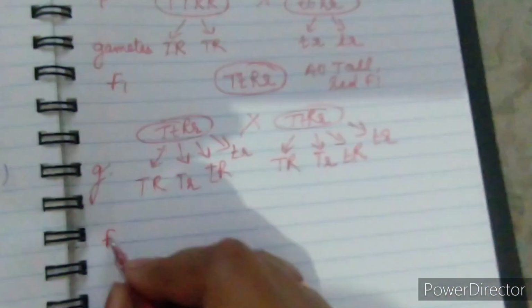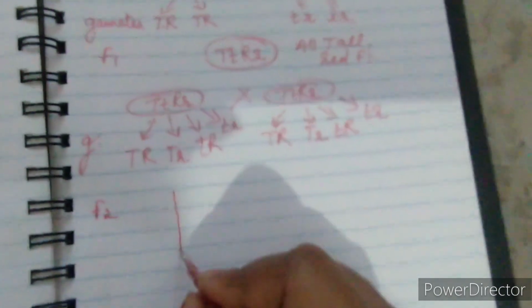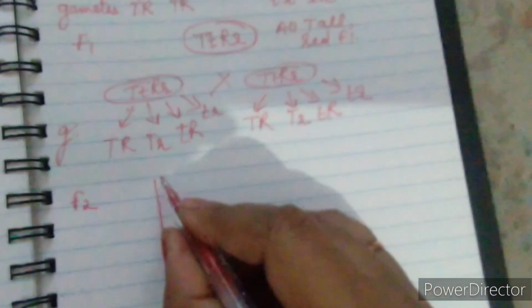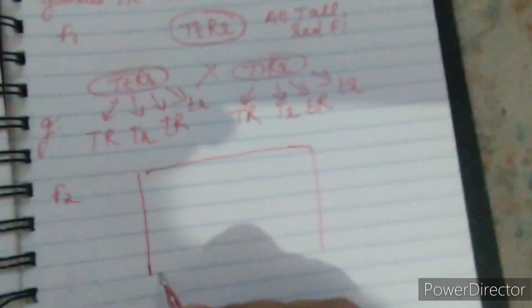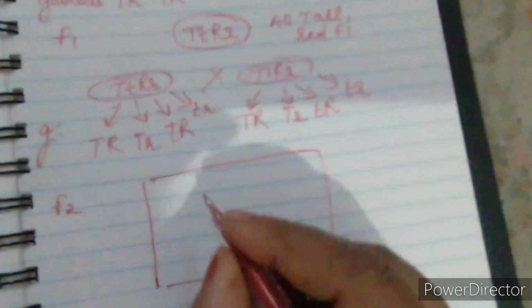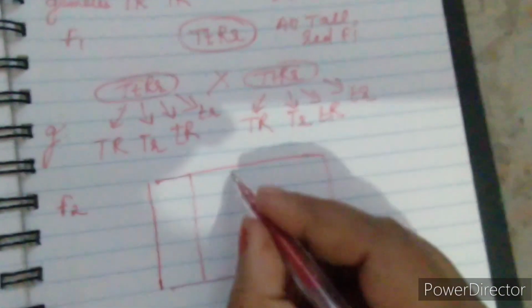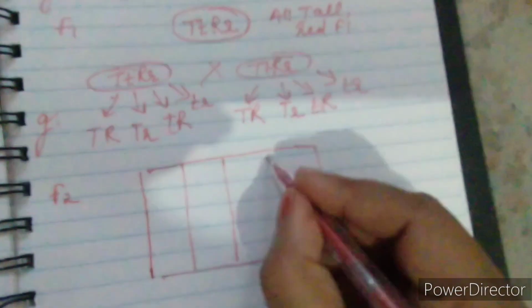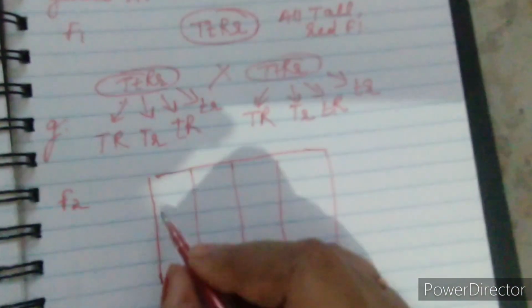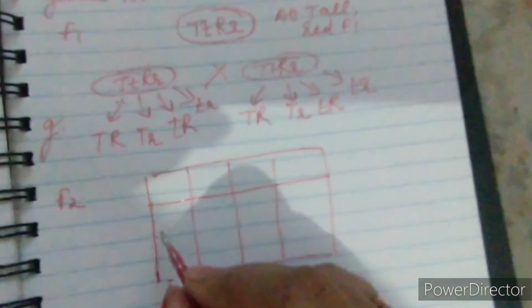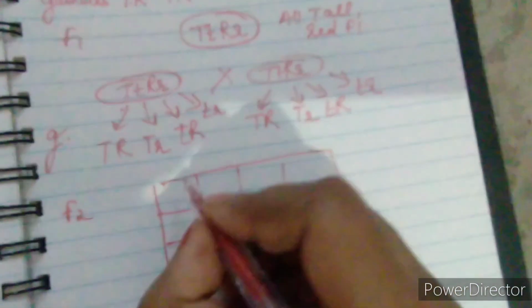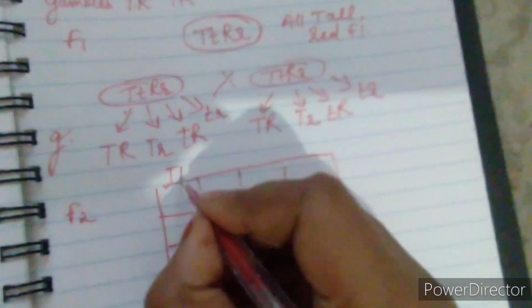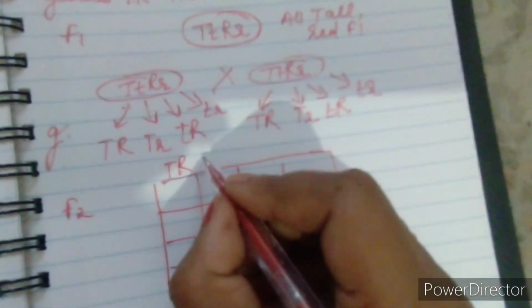Now in F2 generation we will again draw a checkerboard here, having 4 rows and 4 columns, because you have 4 different gametes on either side. So I have drawn the boxes here, and on one side you will write the types of gametes, on another side another type.